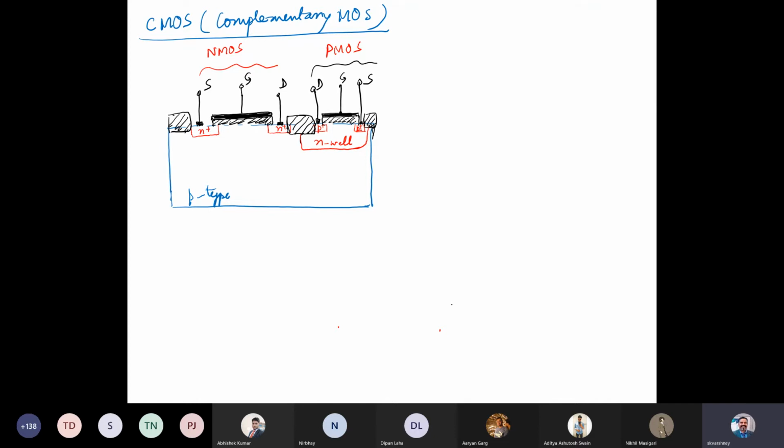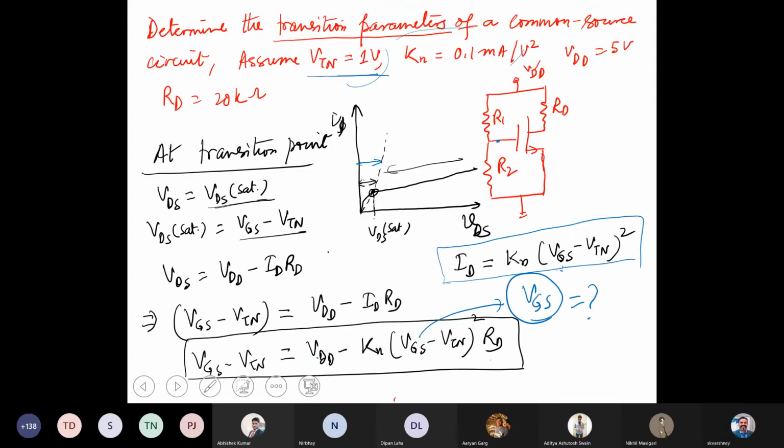So let's say you find out the source to drain voltage required to bias a P channel enhancement mode MOSFET in saturation region.